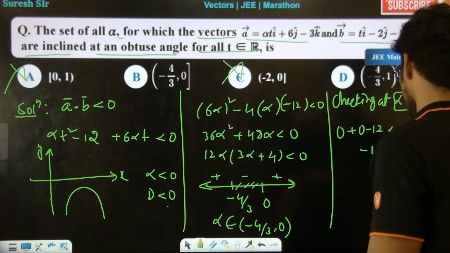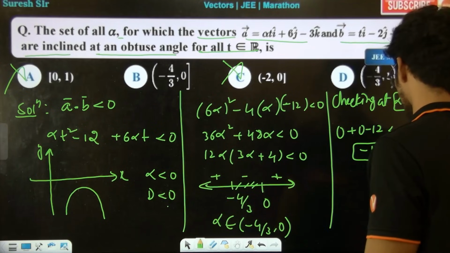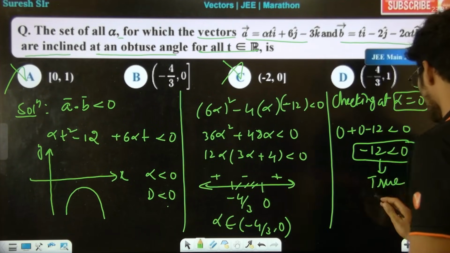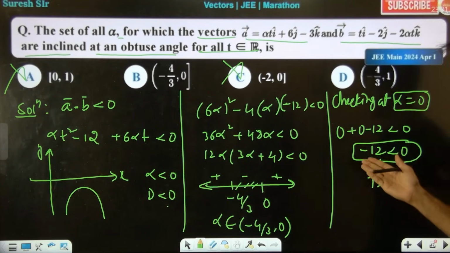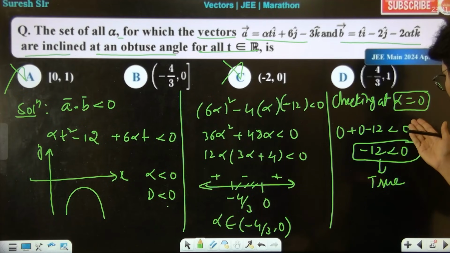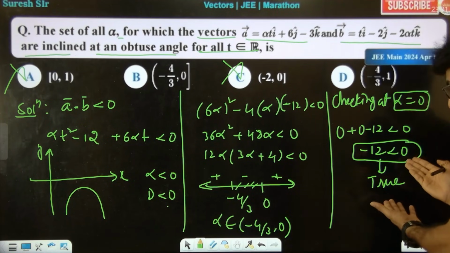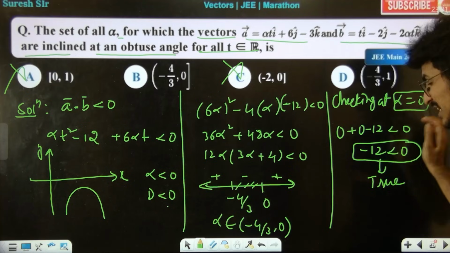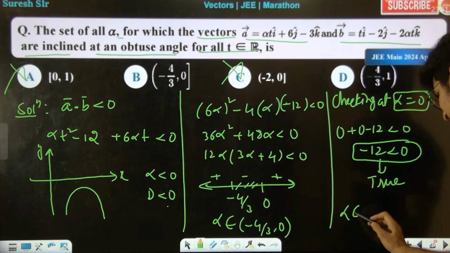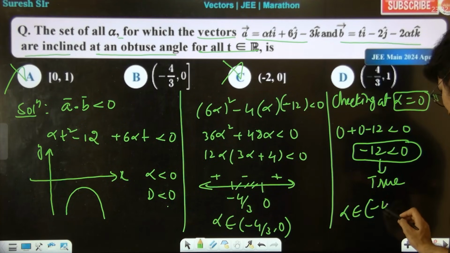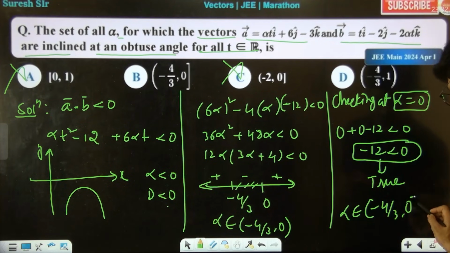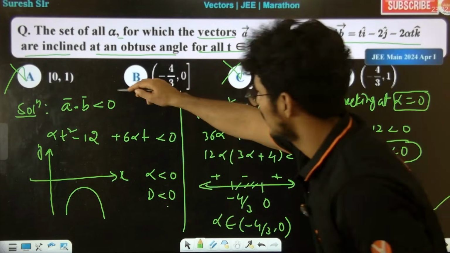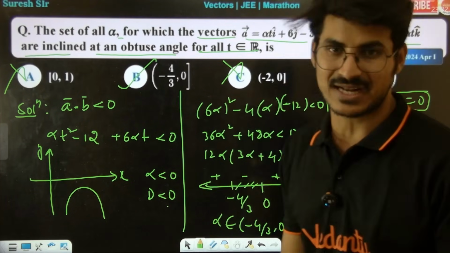Minus 12 is less than 0, which is true. So alpha value 0 gives a true statement, and 0 can be included in our answer. So the conclusion is minus 4 by 3 comma 0.